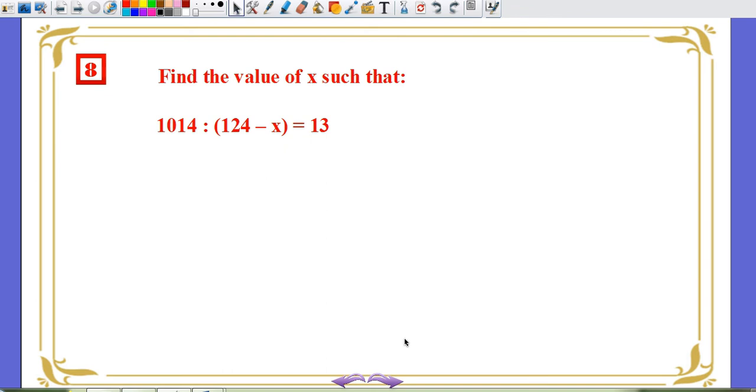Find the value of x. 1014 divided by (124 minus x) equals 13. Review the division calculation.